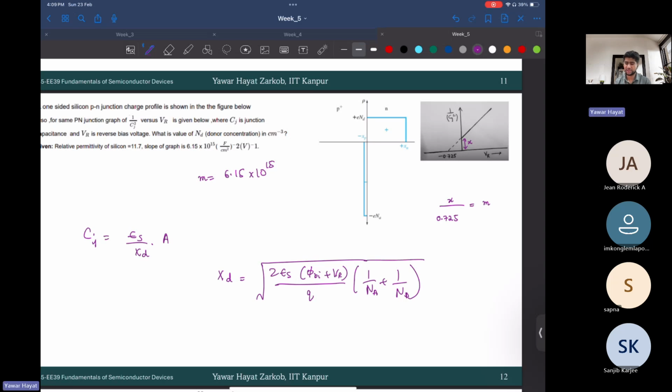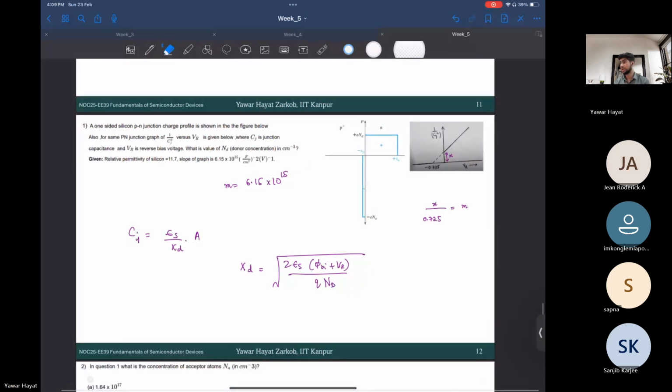Here Na is much greater than Nd, so you can neglect 1 by Na. So you'll only be left with 1 by Nd. And then you can proceed and obtain an expression of 1 by Cj square, which will be of the form y is equal to mx plus c. Equate the slope with this, use this value, and then you'll obtain Nd.